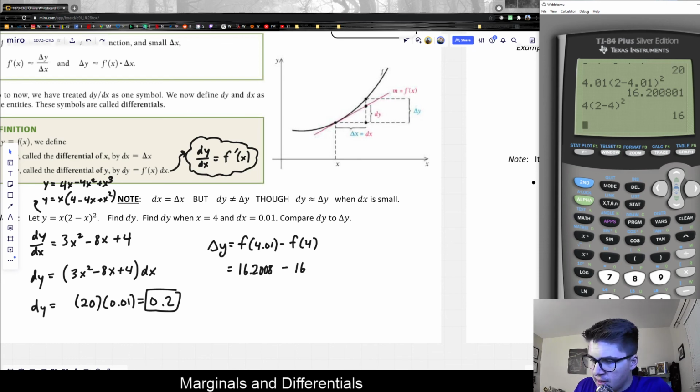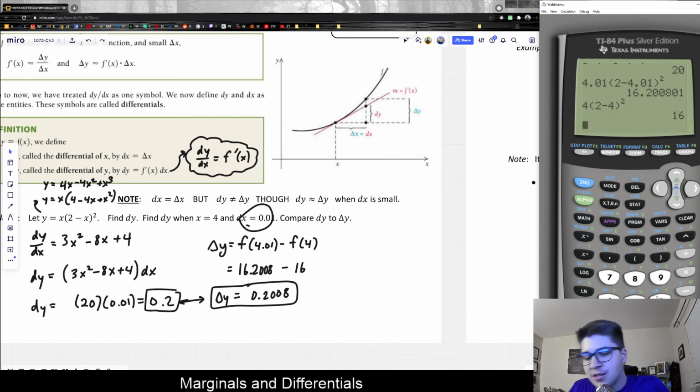And the difference there is not exactly 0.2, but it's pretty darn close. 16.02008 minus 16 would just be 0.2008. That would be delta y given these parameters. Very, very close, a very good approximation, especially when dx is really small.